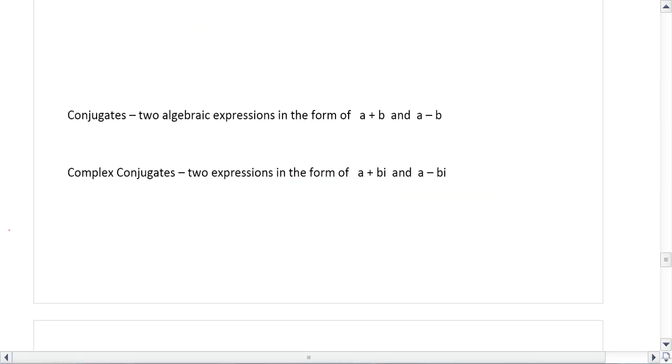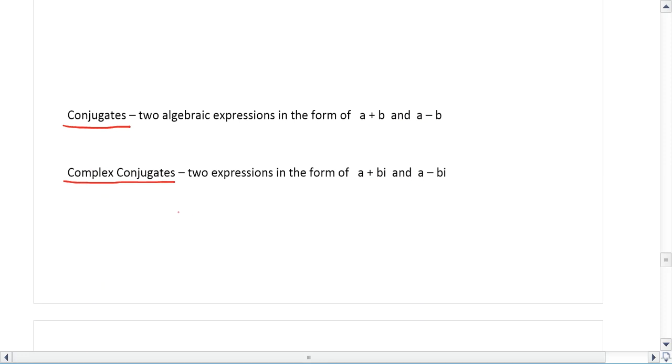Okay, a definition here that we have had already once this year, but it bears repeating. Conjugates are algebraic expressions of the form a plus b, a minus b. Whatever the binomial is, the conjugate has the other sign, the plus or the minus. So, of course, we can have complex conjugates. If we have a plus bi, its conjugate is a minus bi.